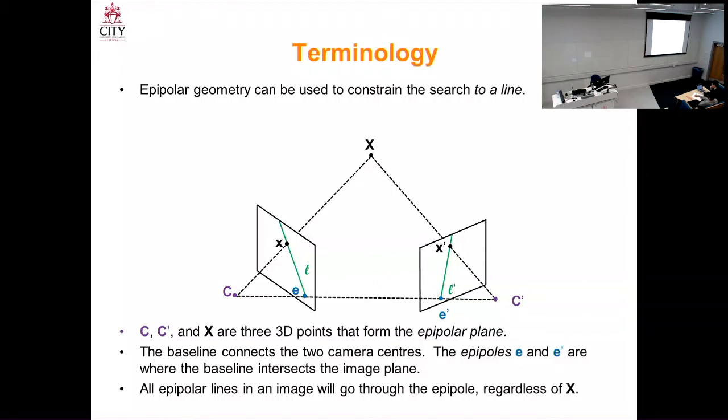What's interesting about the epipoles is that every epipolar line goes through the epipole. So here, for example, I have an epipolar line in my right image, and that line has to go through the epipole, E prime. So hopefully you can appreciate there's some geometric constraints involved in stereo vision when you have two views.